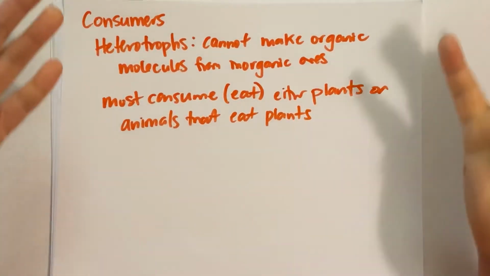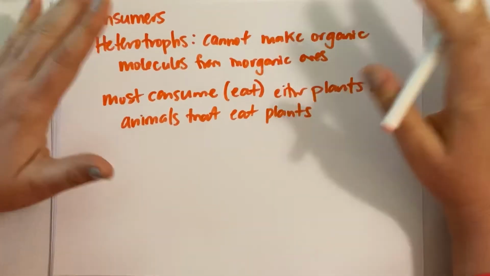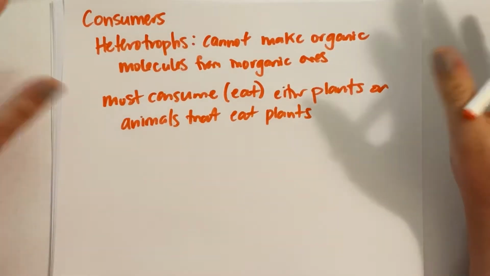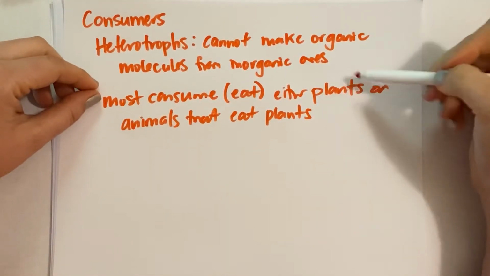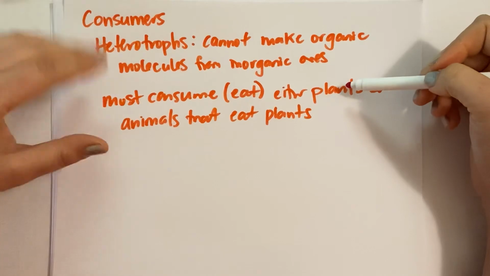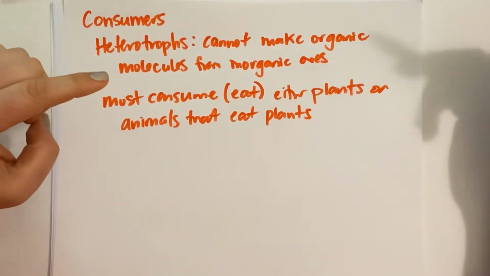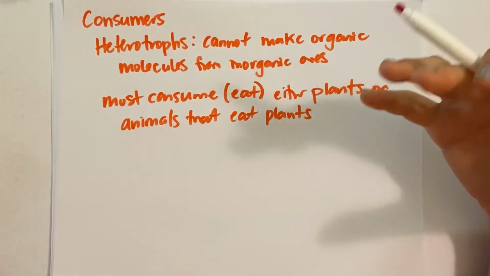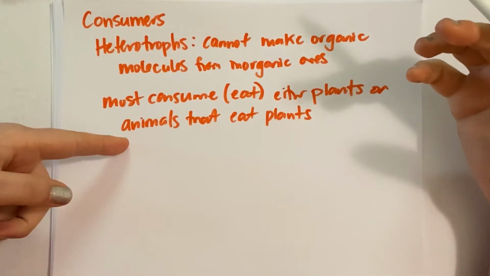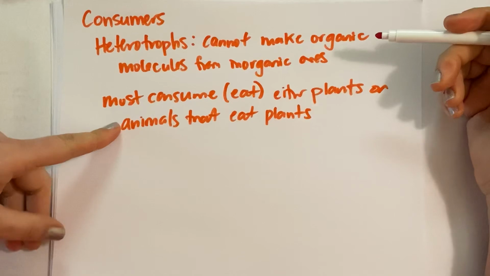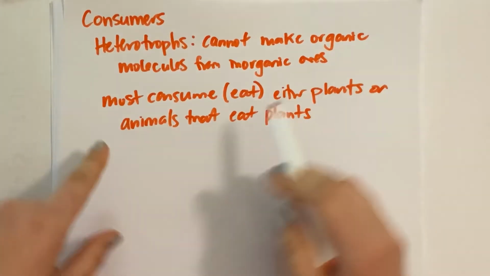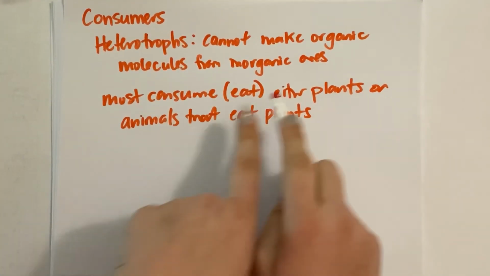If you're a purely vegetarian, or let's say a vegan, you are only eating plant products, so you're eating all producers. If you are an omnivore or something that eats other animals, that is a consumer as well, but they're consuming animals that have already eaten plants.